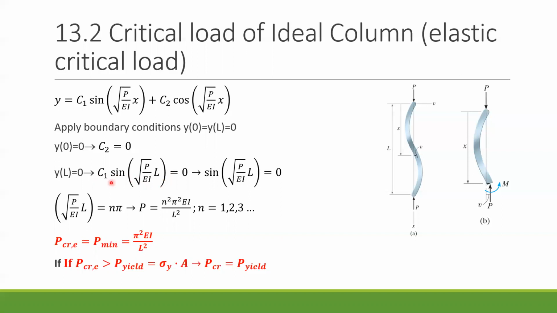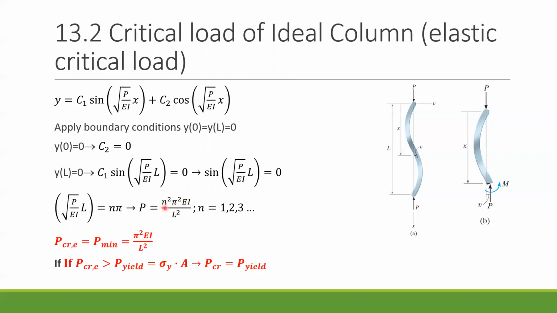This is the real solution, therefore C1 cannot be 0 and the sine term should be 0. When the sine is equal to 0, the inside of the parentheses should be equal to n pi. So if we take P out of this formulation, we obtain P is equal to n square pi square EI over L square.